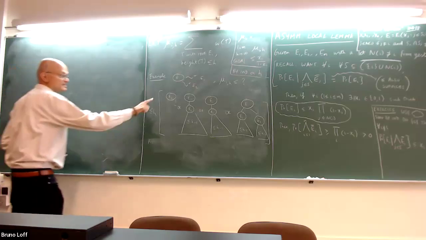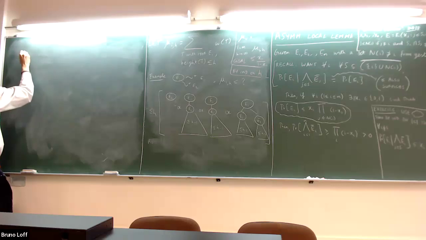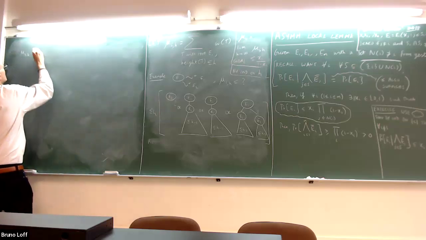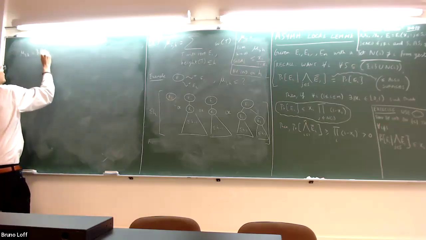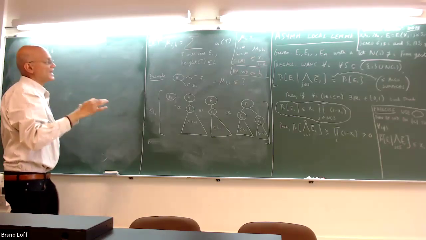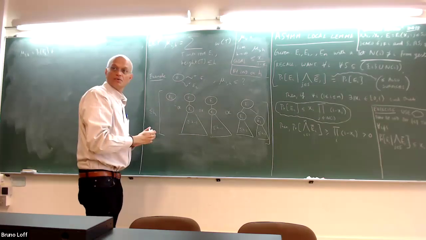Therefore, in this example, mu1 of h is equal to either the weight of this tree, which is the probability of E1, or, remember, mu adds up all the weights. You have to add up the weights of all these trees.